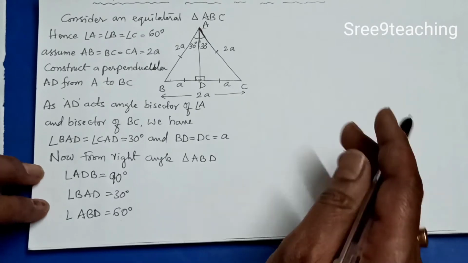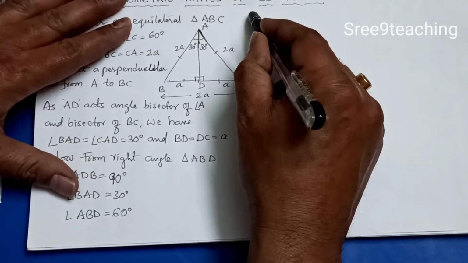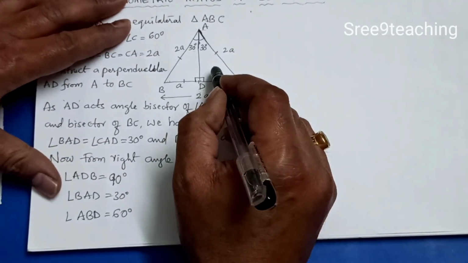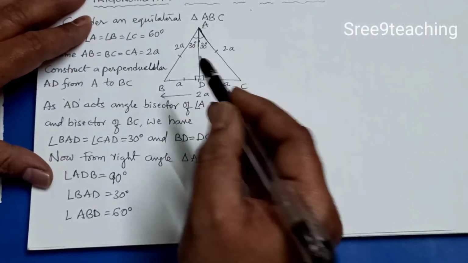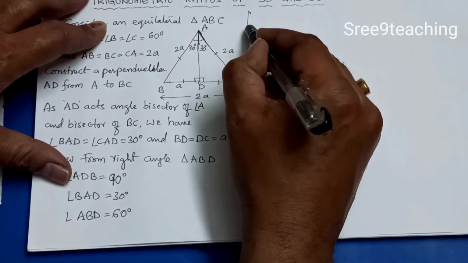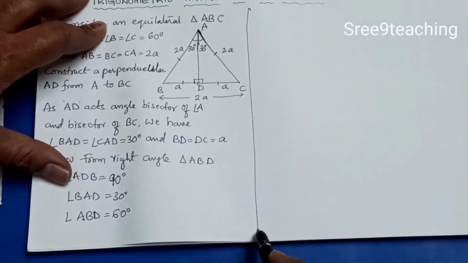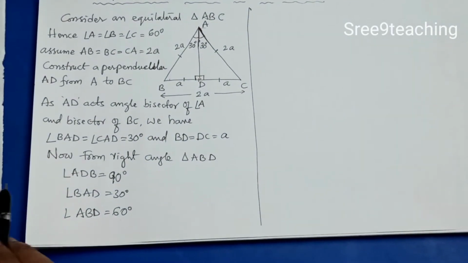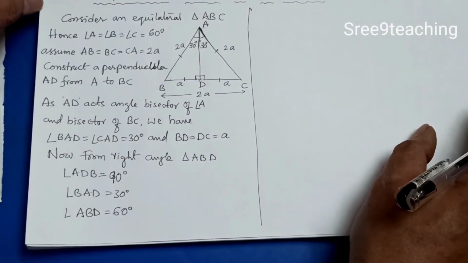Now let us find the ratios from this triangle. You can even find them from triangle ADC also, but we are taking this triangle. Let us find the ratios for 30 degrees and 60 degrees.